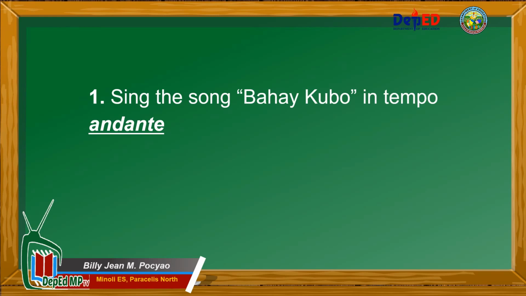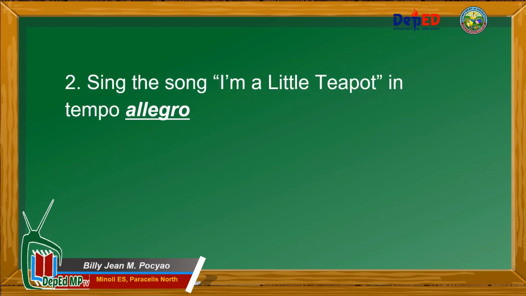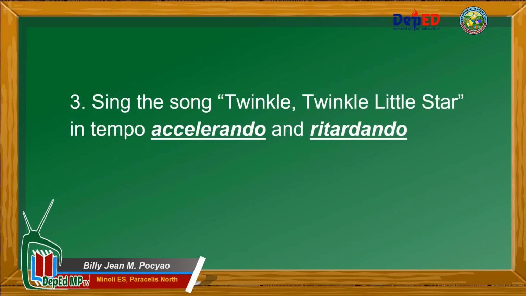Number 1. Sing the song Bahay Kubo in tempo andante. Number 2. Sing the song I'm a Little Teapot in tempo allegro. Number 3. Sing the song Twinkle Twinkle Little Star in tempo accelerando and retardando.